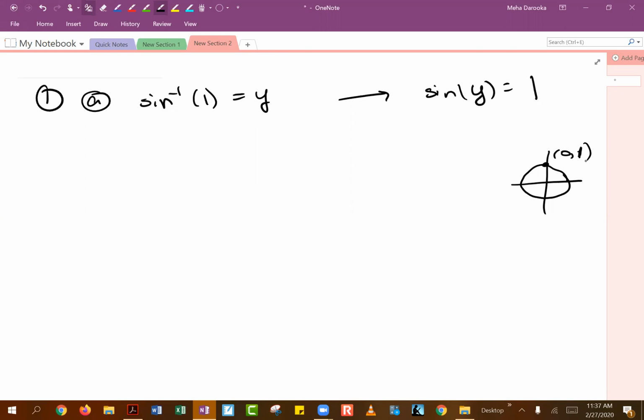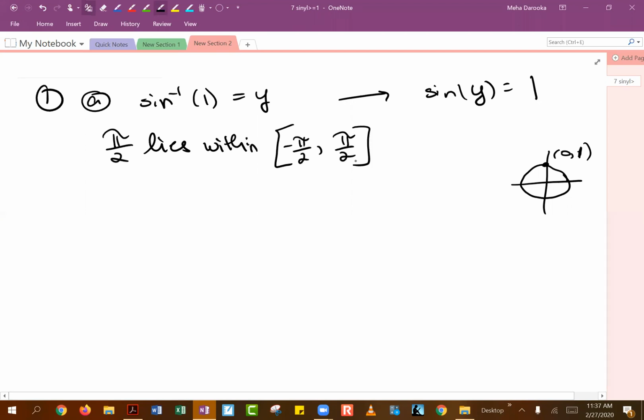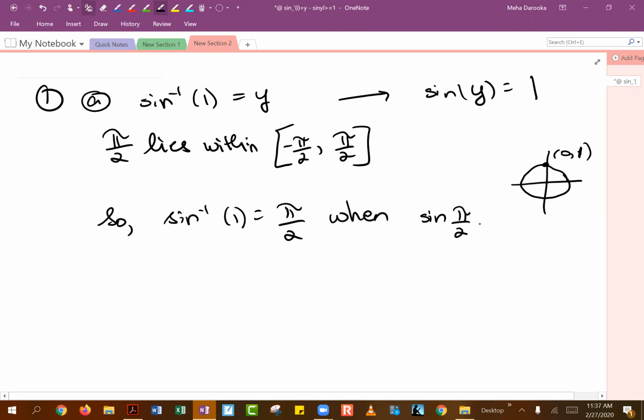Yeah, because the range of the arcsine function goes from -pi/2 to +pi/2. So pi/2 lies within our range of -pi/2 to +pi/2. So sine inverse of 1 is going to be pi/2, when sine of pi/2 equals 1.